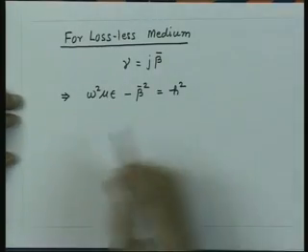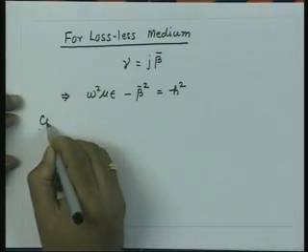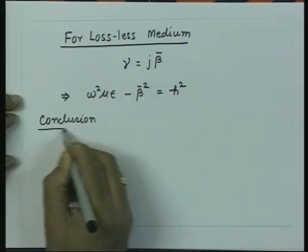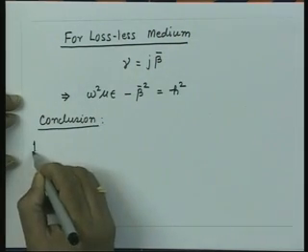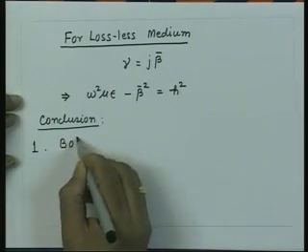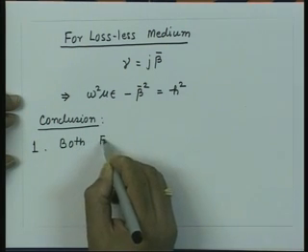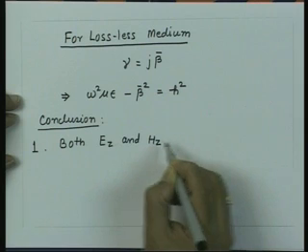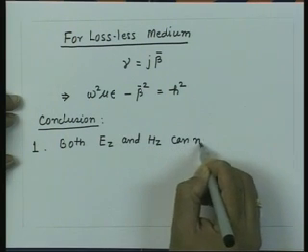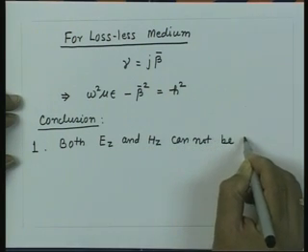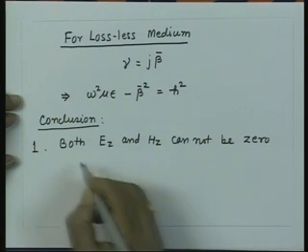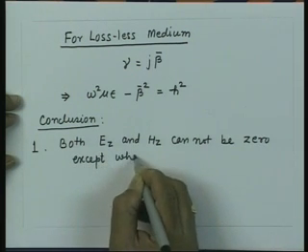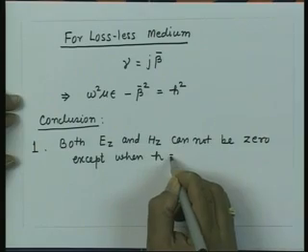So we see from here a conclusion. One, both Ez and Hz cannot be 0 except when h is equal to 0.